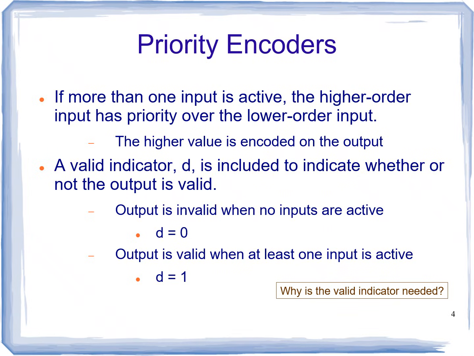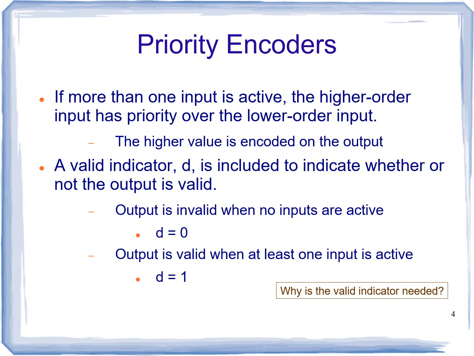Next, the priority encoder. In the priority encoder, if more than one bit is active at a time, in the previous truth table we had seen that the highest priority is given to D0, so the output is 0, 0. If it is D1, the output is 0, 1. If more than one input is high, then what will happen?